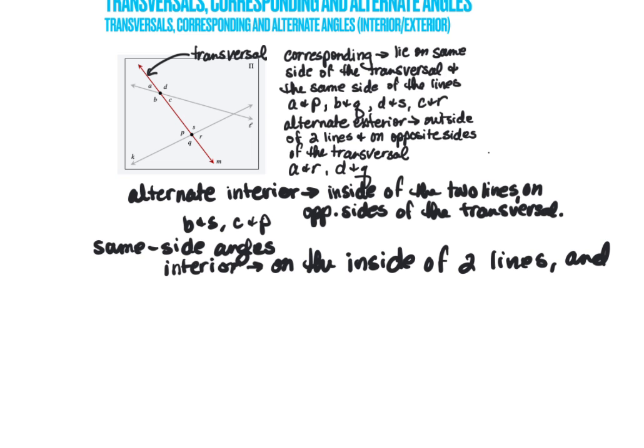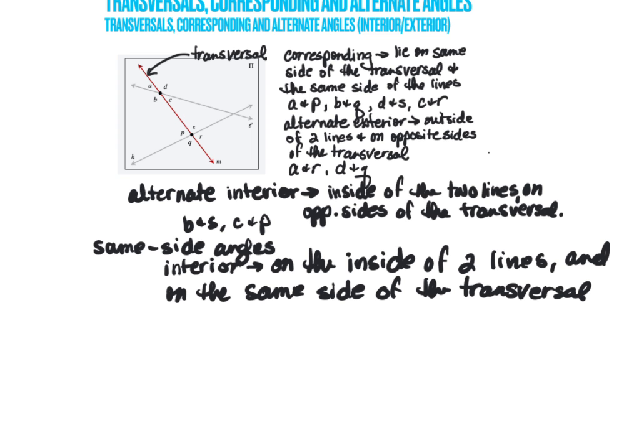And on the same side of the transversal. So examples of those: B and P, they're on the inside and they are on the same side, the left side of the transversal. B and P. The other pair is on the right side of the transversal on the inside, C and S. You can see them here, C and S. They're both on the right, both on the inside.